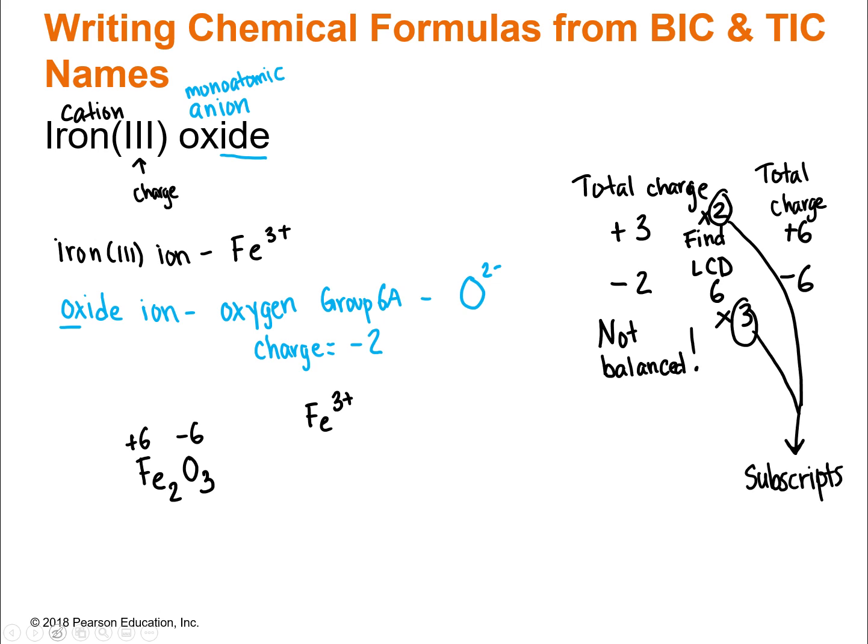If you can figure out what your 2 ions look like, and you know that you have to have some multiple of these because your charges do not match up, you're going to take this 3, that's the charge of the iron, and drop it down there for the oxygen.